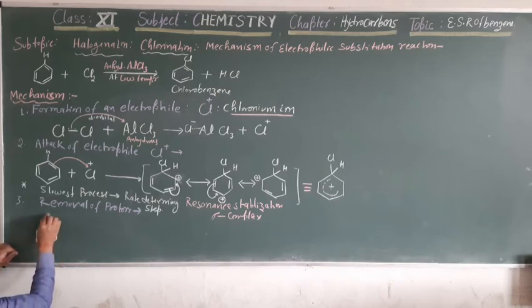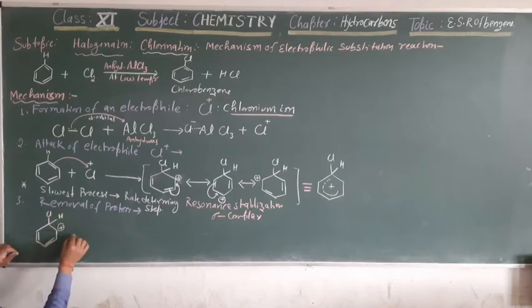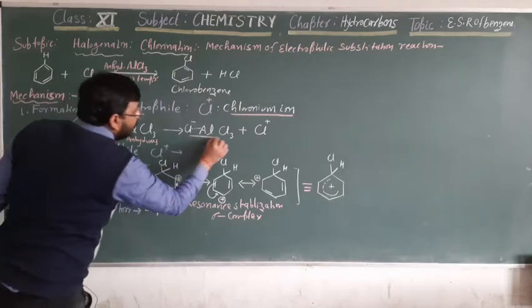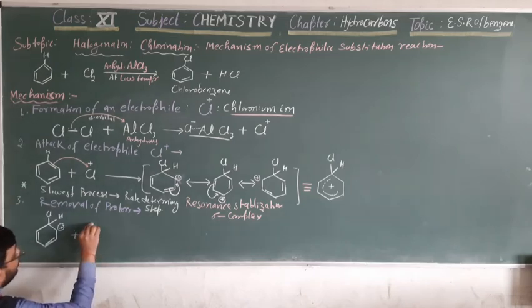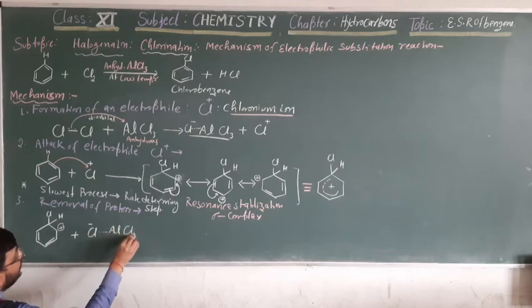See, this is a chlorine and this is a hydrogen, and here the plus charge. Here the AlCl4 minus complex, Al and Cl3, helps to remove the hydrogen atom.